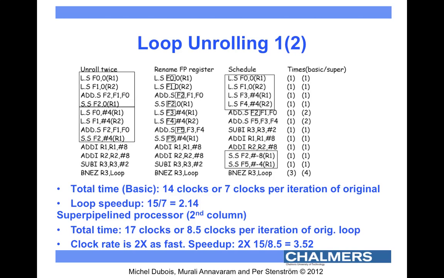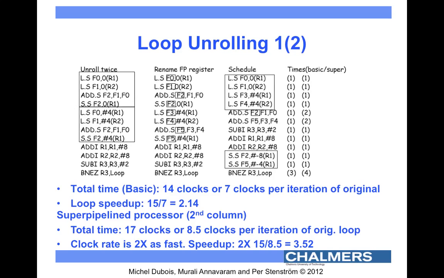But now we can clock this pipeline twice as fast, so we can enjoy a doubling of the clock frequency. So the speed up will in fact be 2 times 15 divided by 8.5, which is 3.52 times faster than the original loop. So that's really great news.